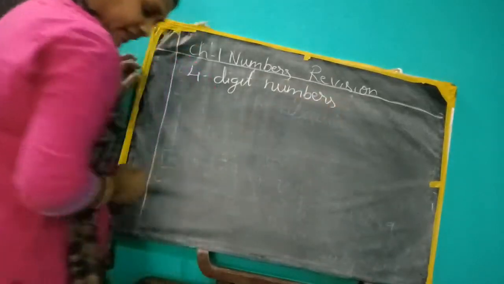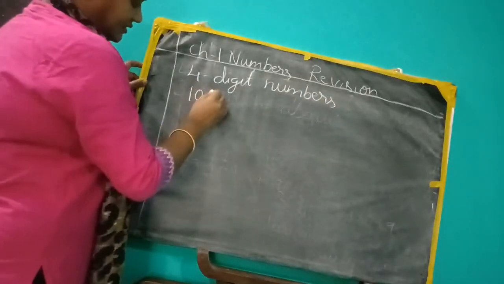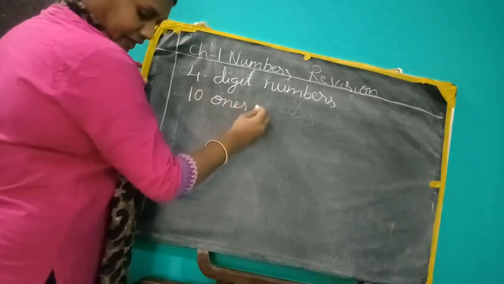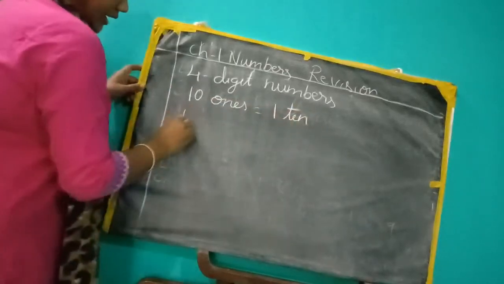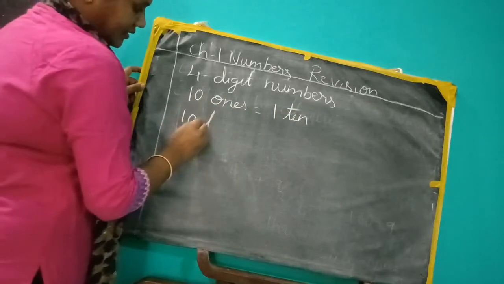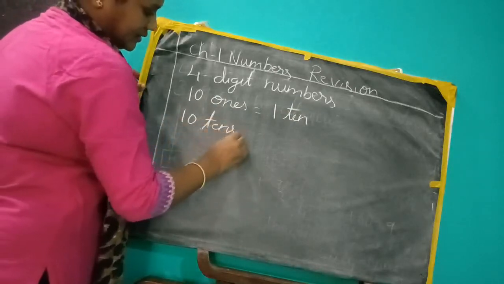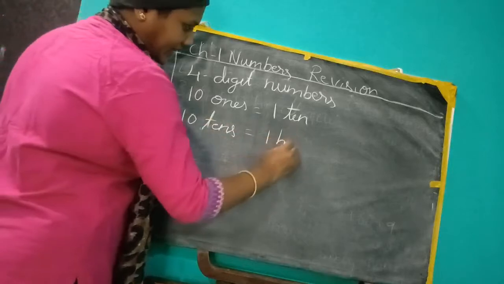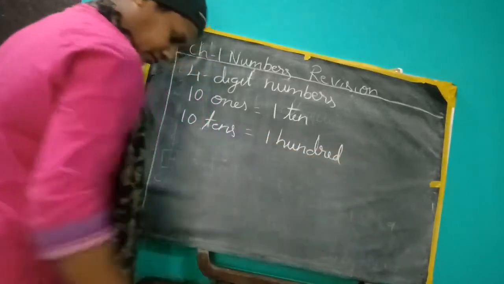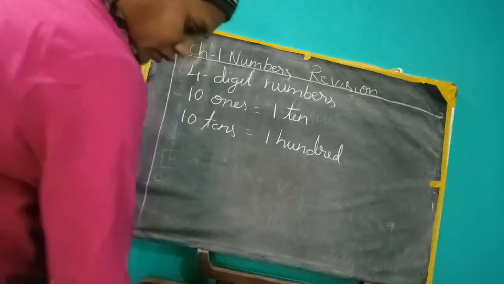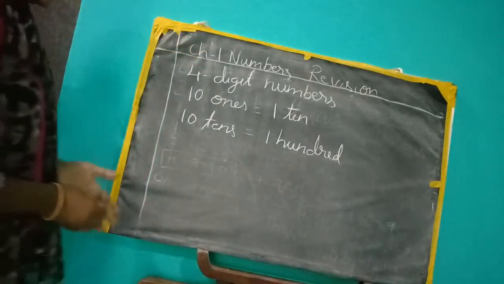In this, 10 ones means 10. Sorry, 10 tens is equal to 100. Yes or no?